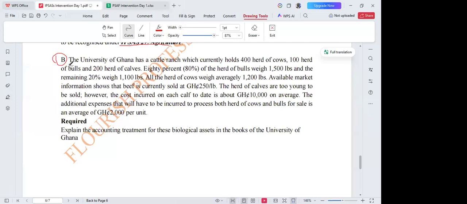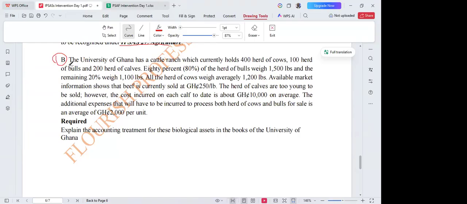Available market information shows that beef is currently sold at 250 per lb. The calves are too young to be sold. However, the cost incurred on each head to date is about 10,000 on average. The additional expense that will have to be incurred to process each head of cows and bulls for sale is an average of 2,000 per unit. Required: explain the accounting treatment for those biological assets in the books of the University of Ghana.